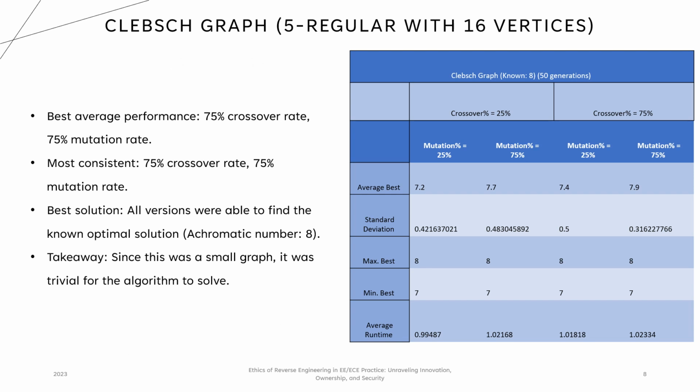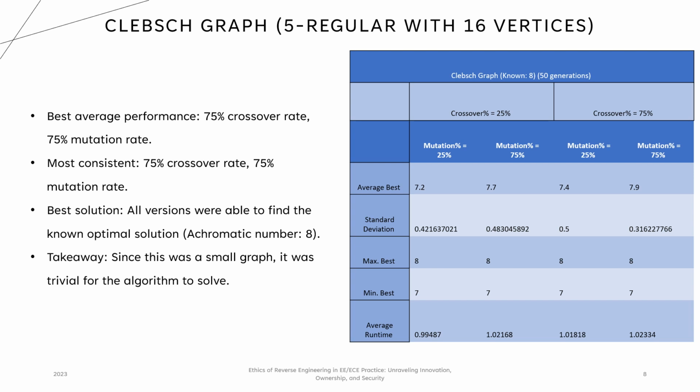And so the first set of tests I'll talk about is the Klebsch graph. As mentioned before, I use this to benchmark the algorithm. The algorithm with 75% crossover rate and 75% mutation rate was both the most consistent with the lowest standard deviation, and it had the best average performance.